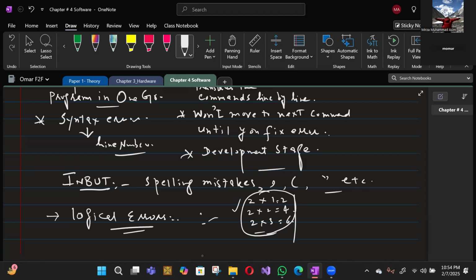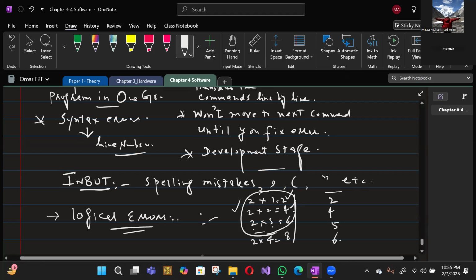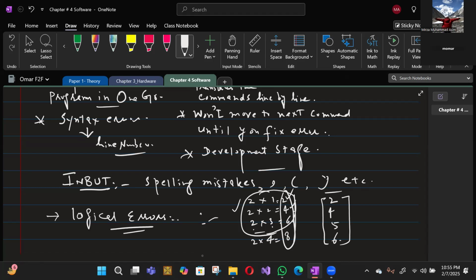You are expecting the table, but if you get 2, 4, then 2 plus 3, 5, then 2 plus 4, you should expect 8, rather you are getting 6. So it means there is a logic error. You are expecting 2, 4, 6, 8, but actually you are having this data 2, 4, 5, 6. It means there is some formula error. So that is a logical error. You have to find the errors and fix them. Umar, clear?